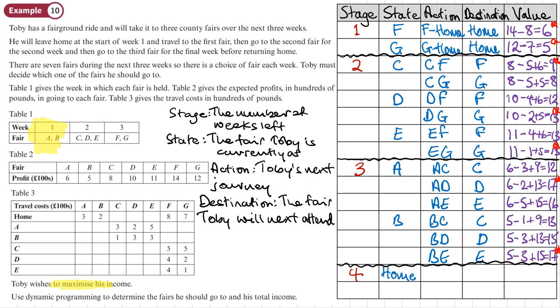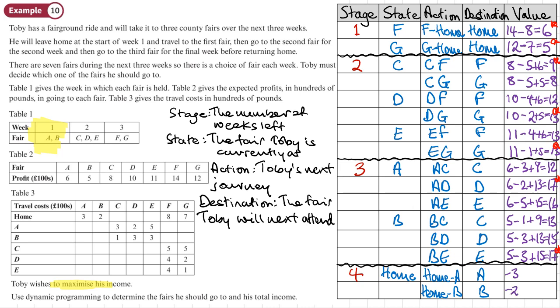And from home, he can go to fare A, or from home, he can go to fare B. So there's no profit from home, but there's a travel cost from home to A or B. So the travel cost from home to A is 3, so that's going to be minus 3. And the travel cost from home to B is 2, so it's going to be a minus 2.